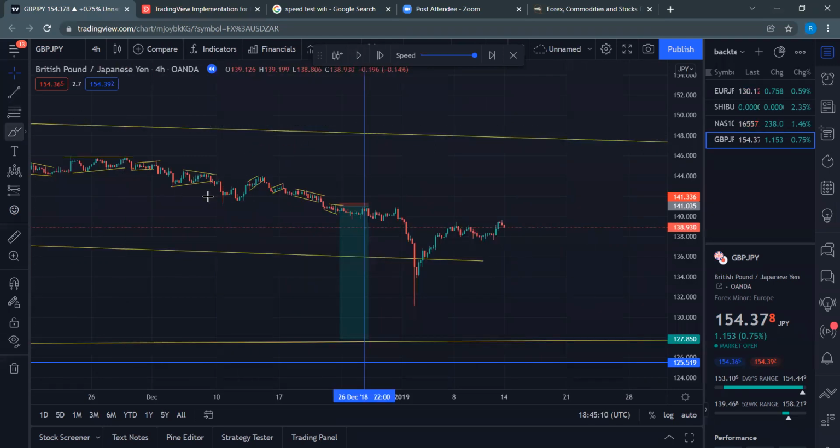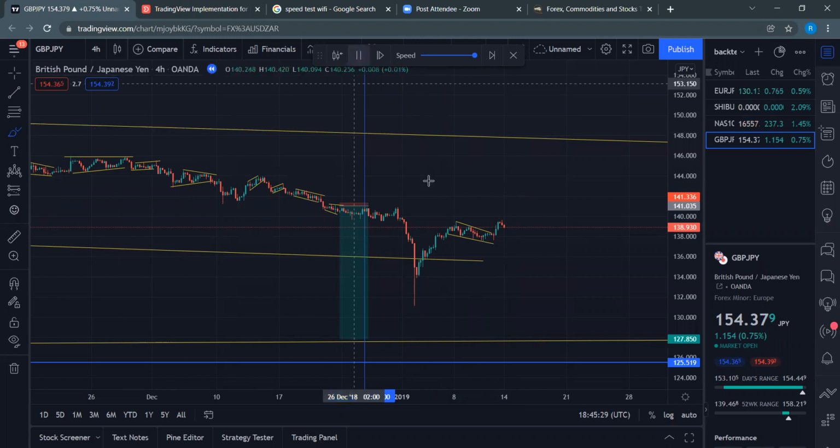We just observe. You just observe the patterns that are happening. So you have a pattern. There's the impulse, there's the correction. So after this, we expect that the move will continue to the upside.